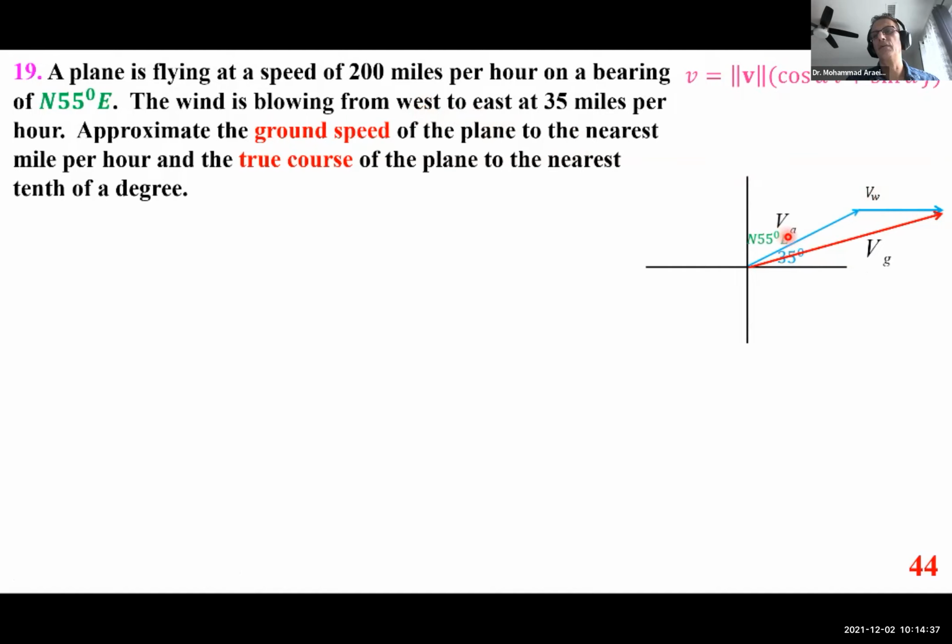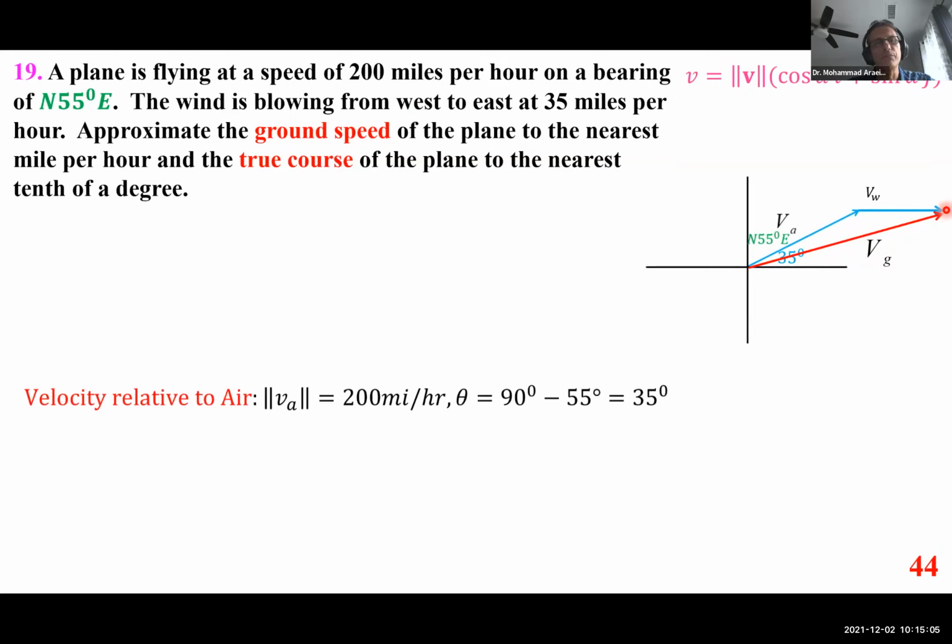So V with respect to air, W stands for the wind. And the result is, although we are going this way, with the wind it has an effect that this is the true course with respect to G or the ground. So we have to write each and every one of them to see how that works, and then add up their vector components as follows.